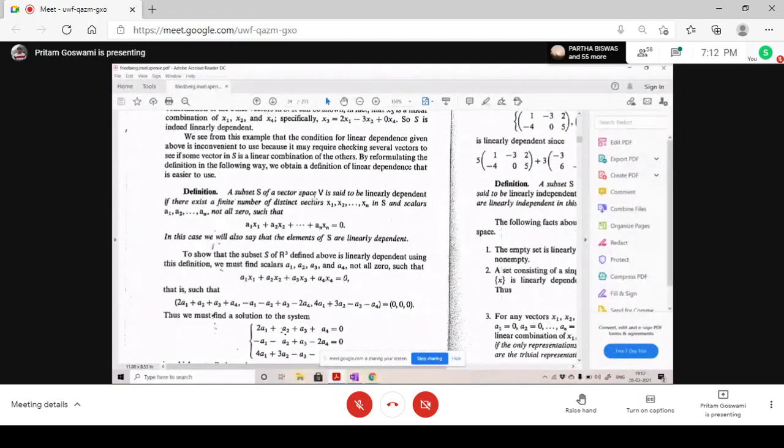You say that the subset S is linearly dependent if there are some vectors in S such that for some scalars a1 to an, you can write the combination like this, and it will be 0. And what is the condition on the scalars? Not all scalars should be 0. There should be at least one scalar which is non-zero. And still, if you can write like this and get 0, then you say that S is dependent.